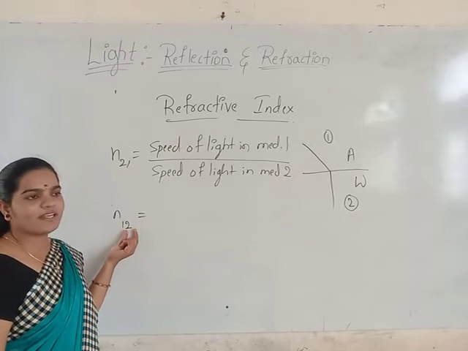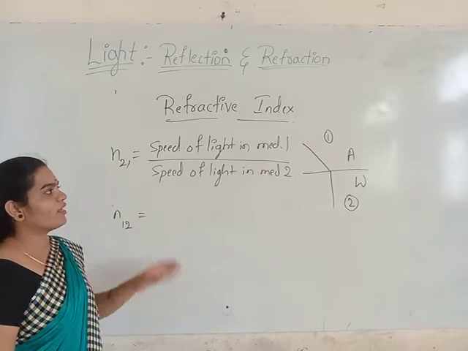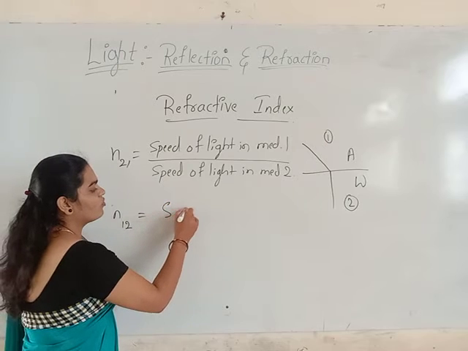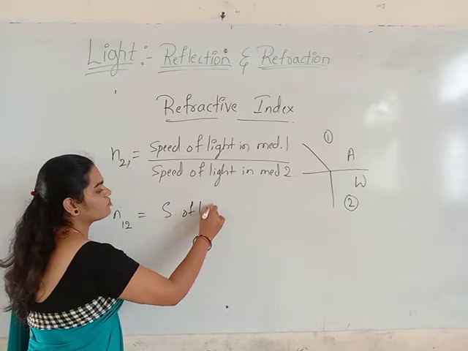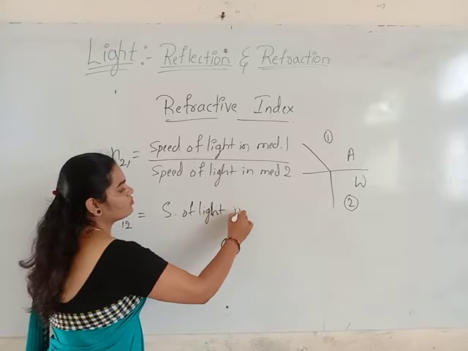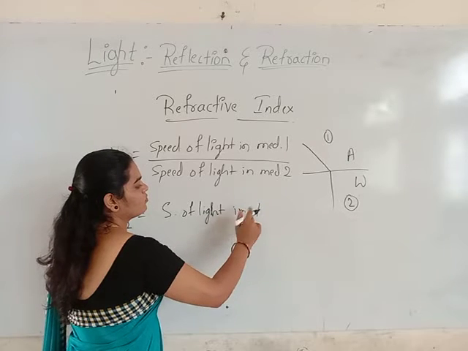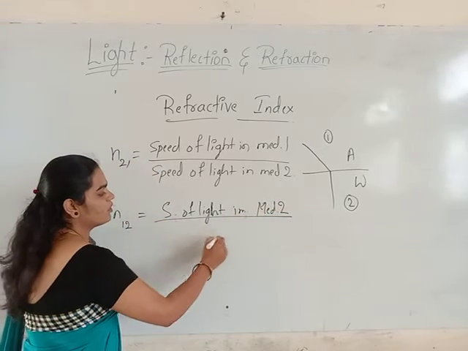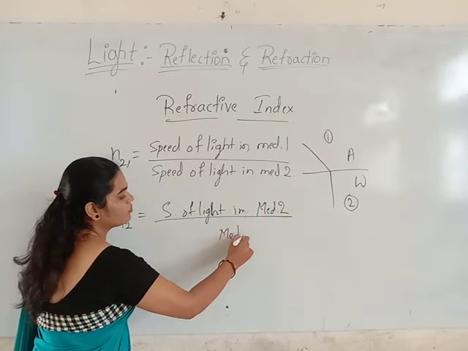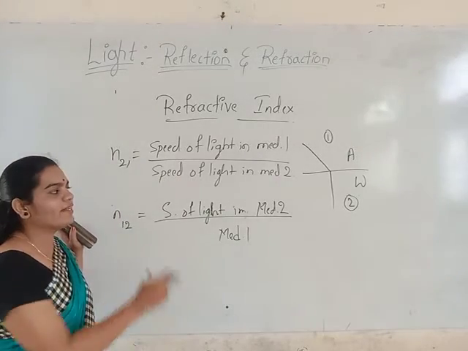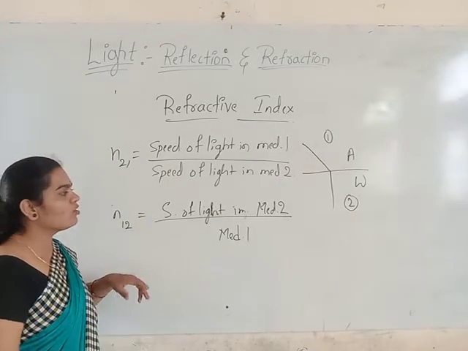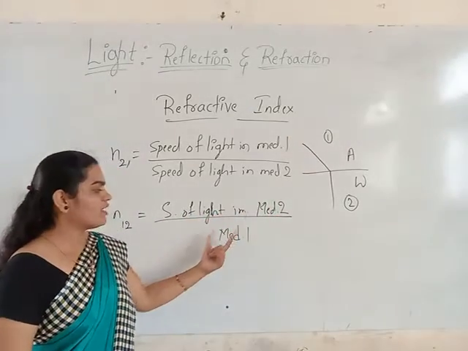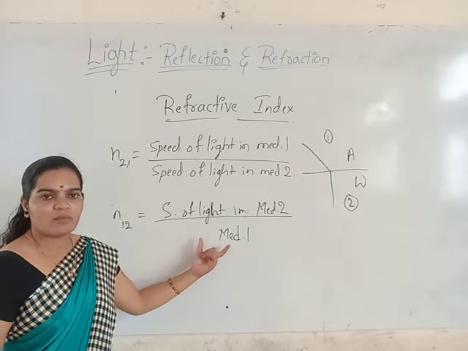So the speed of light in this medium 2 should be on the numerator, just the reverse of the formula here: speed of light in medium 2 to the speed of light in medium 1. Okay, write the complete formula over there. Don't write in the short form. So the speed of light in medium 2 with respect to the speed of light in medium 1.